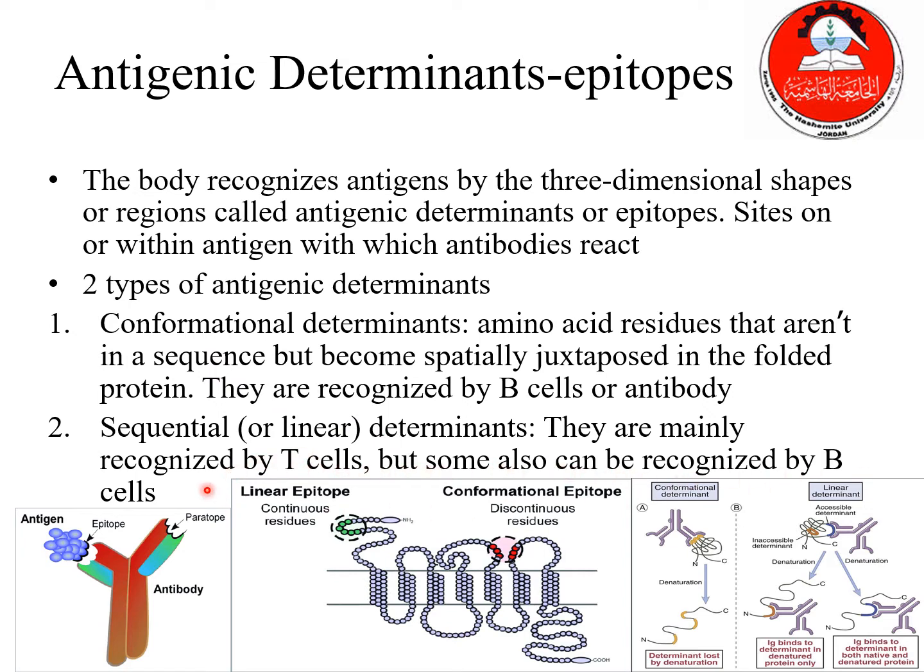In the linear epitope, the antigenic region comes in a linear sequence, following each other, as we can see here. So this is the epitope.